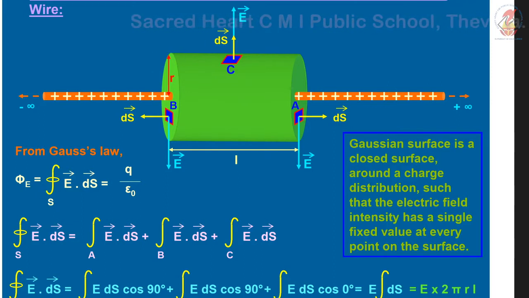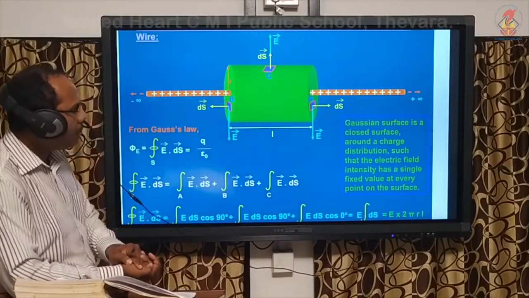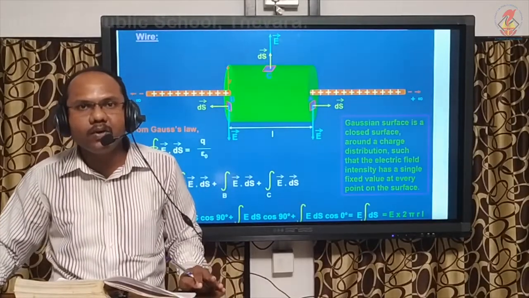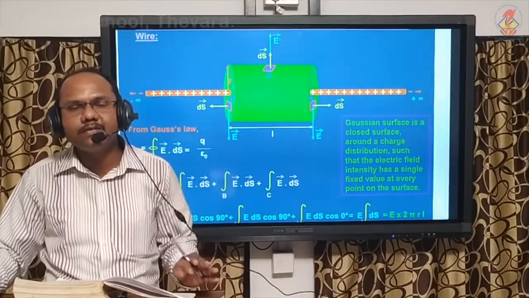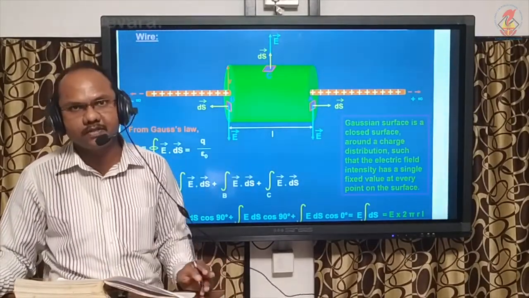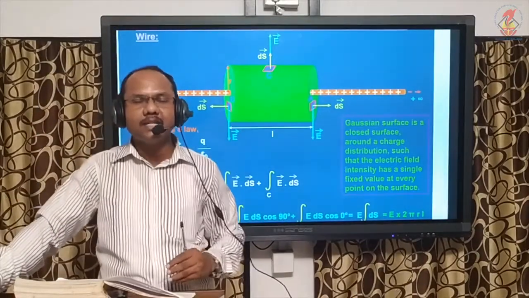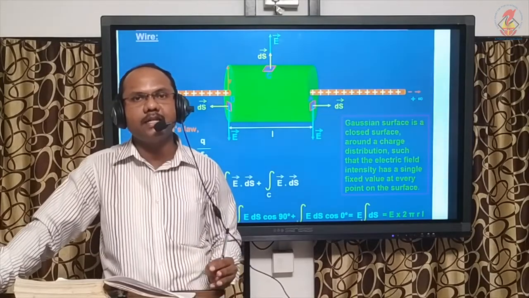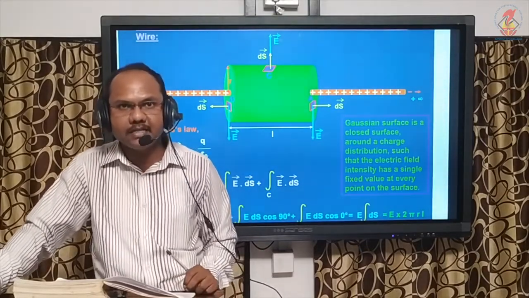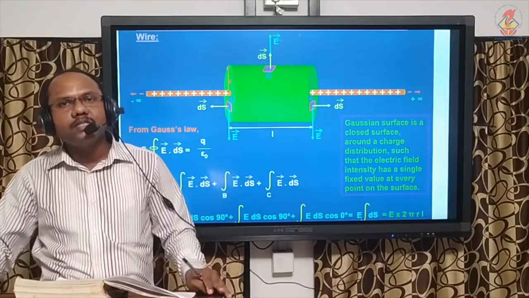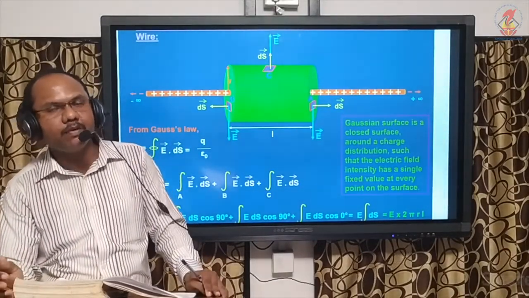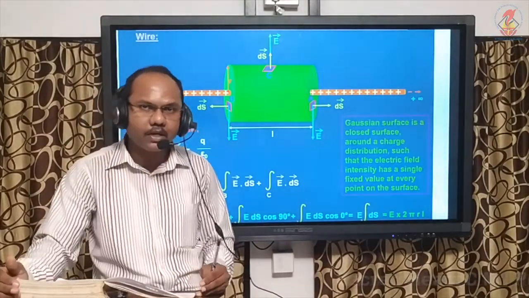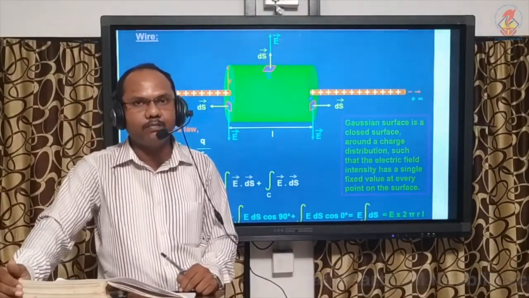In order to apply the Gauss theorem, we have to imagine a surface which is called Gaussian surface. Gaussian surface is an imaginary surface which we use to apply the Gauss theorem to find the electric field intensity. Gaussian surface can have any shape. It can be a sphere, a cylinder, a cuboid, or any irregular shape.